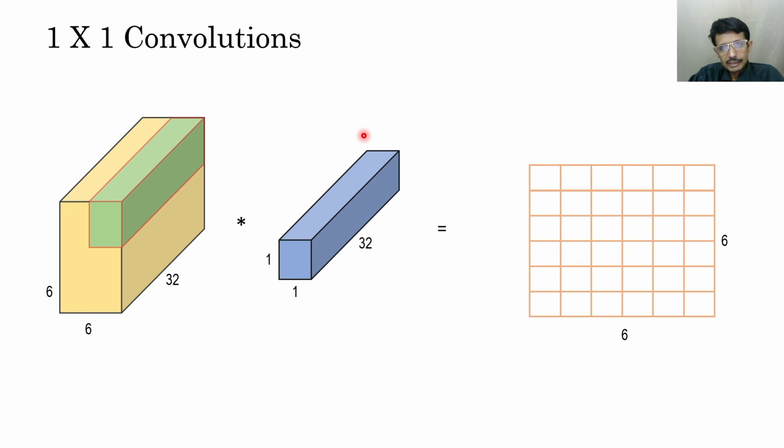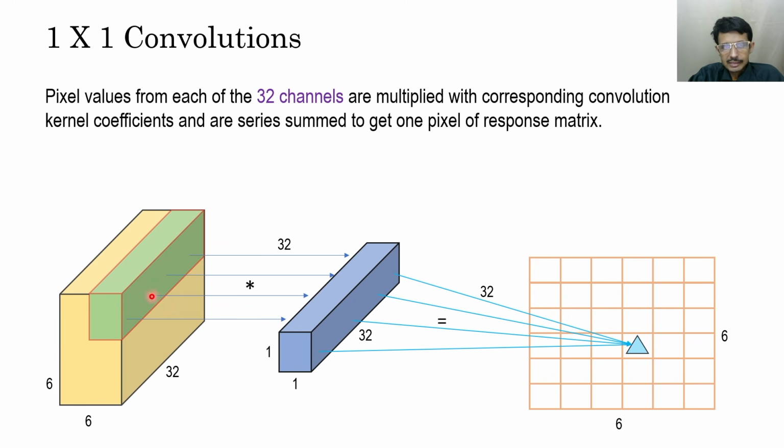Now, how does it help? What we have seen before is a 32 channel 6 cross 6 image and a 1 cross 1 kernel of 32 channels.